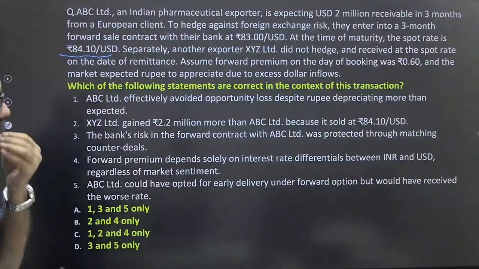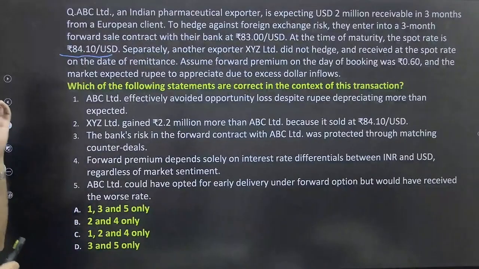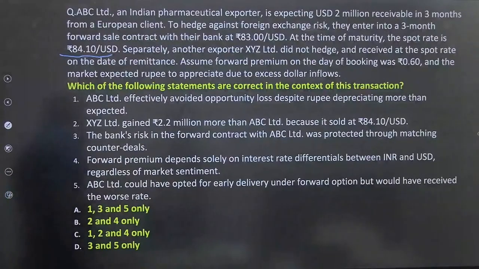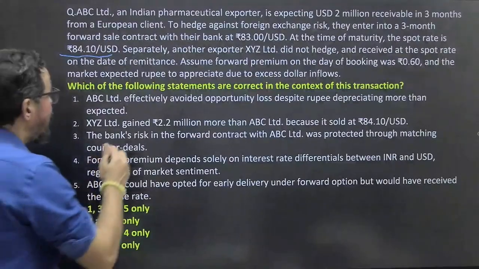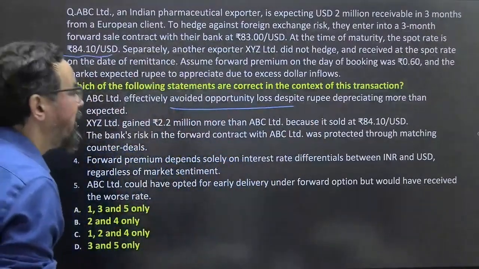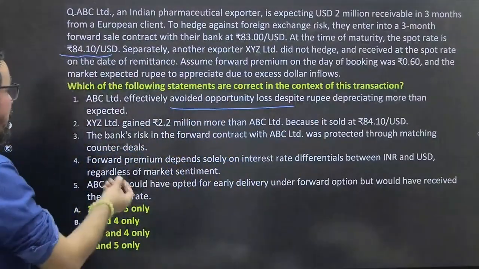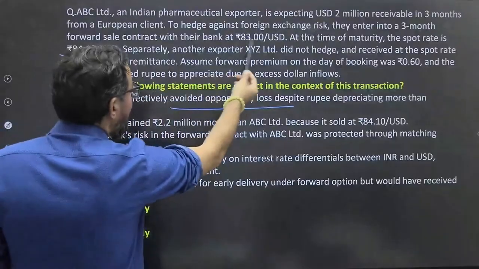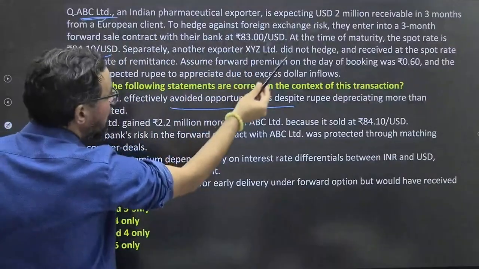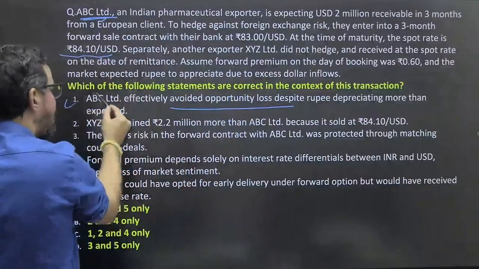Now, based on this, we have been given some statements and we have to find out the correct statement related to this. ABC Limited effectively avoided opportunity loss despite the rupee depreciating more than expected. What they have done is ABC Limited has a 2 million US dollar position.